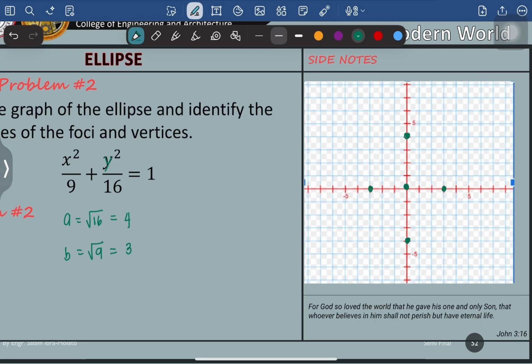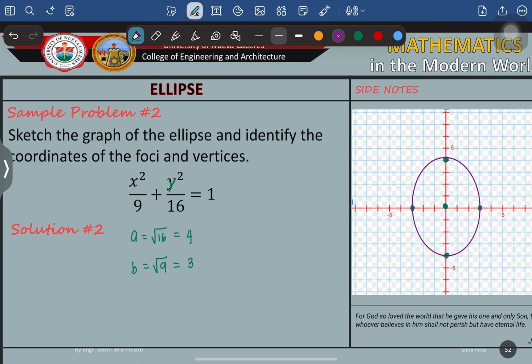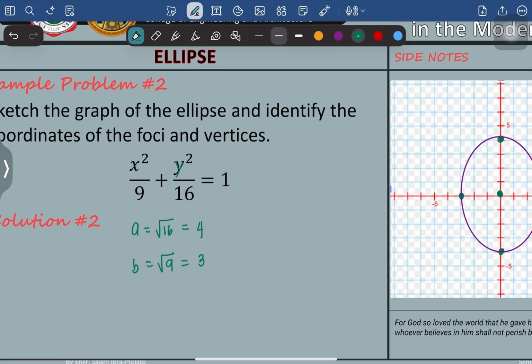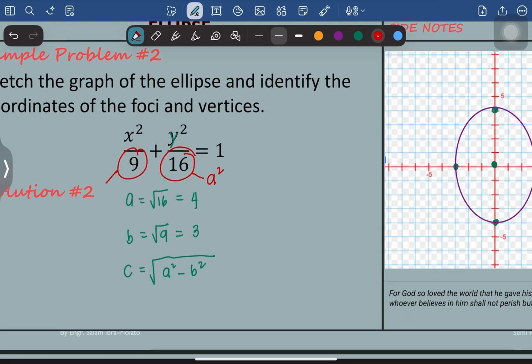Then let's connect the vertices of the ellipse. Then we are again asked to get the coordinates of the foci. To solve this, c is equal to the square root of a squared minus b squared. The a squared here is 16 and 9 is the b squared.